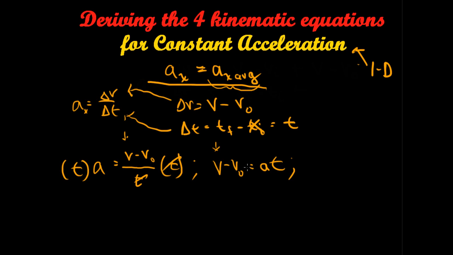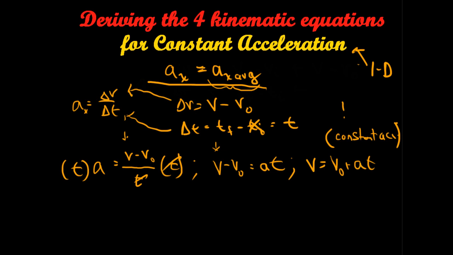So we add initial velocity to each side, and the final velocity is equal to the initial velocity plus the acceleration times time. Keep in mind, super important, that this is for constant acceleration only. This does not apply if the acceleration is not constant, because then you'd still have the limit sign in front of everything and it'd be a huge mess. This is only for constant acceleration.